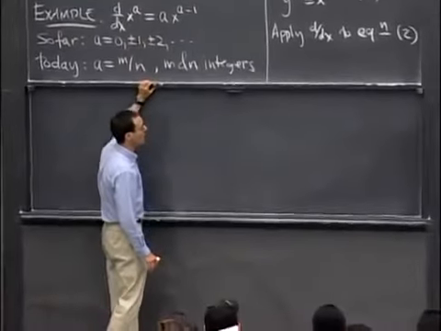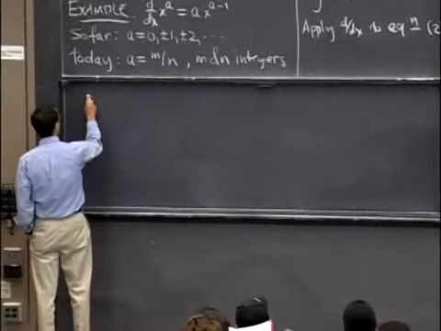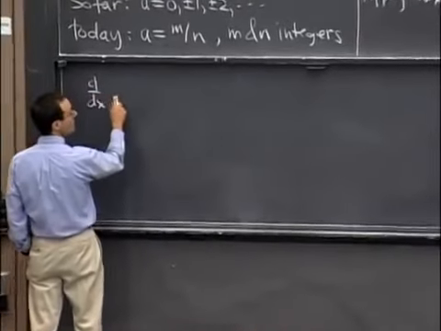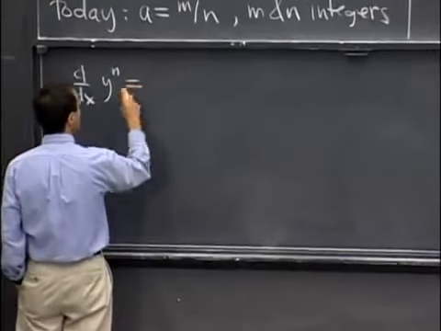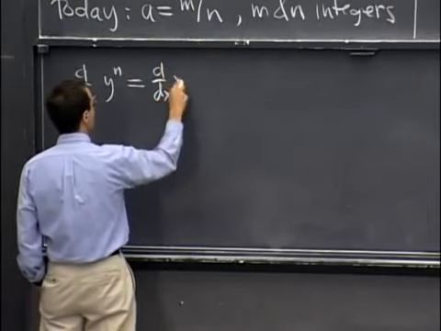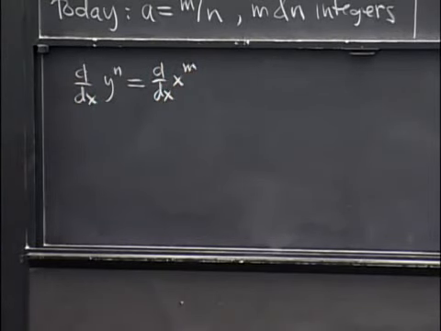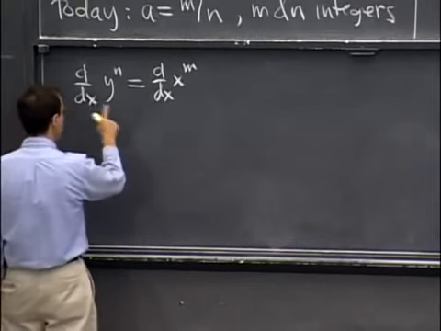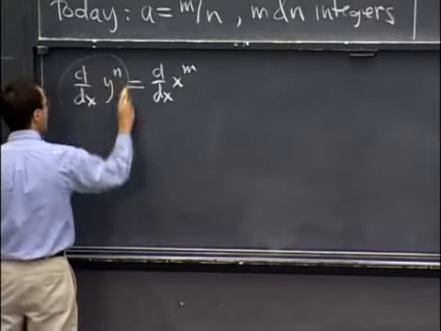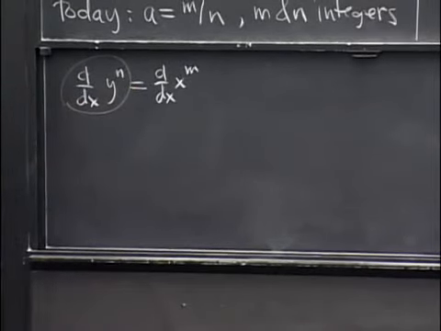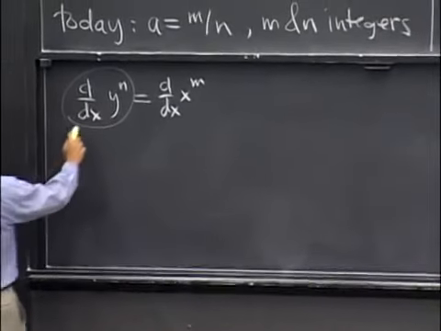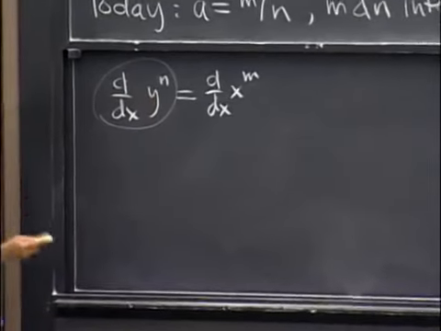So I'm going to write it out explicitly over here without carrying it out just yet. That's d by dx of y to the n is equal to d by dx of x to the m power. And now you see this expression here requires us to do something we couldn't do before yesterday, namely this y is a function of x.